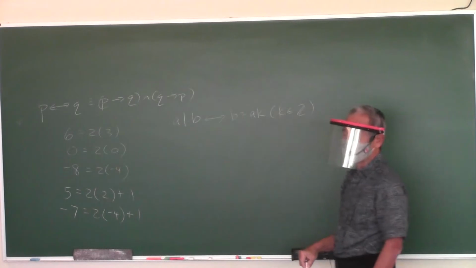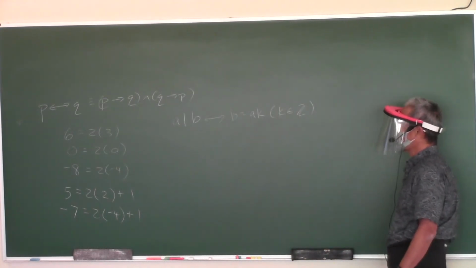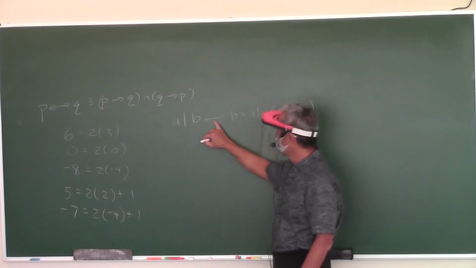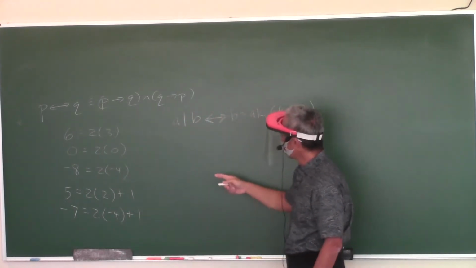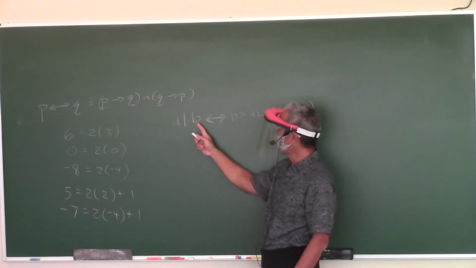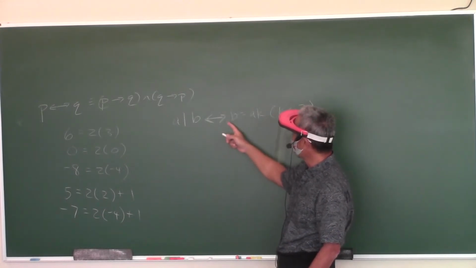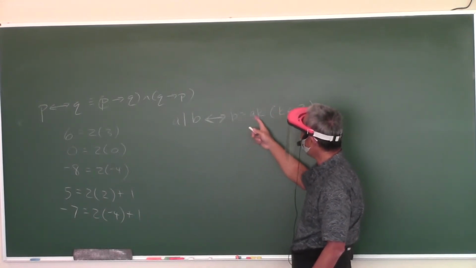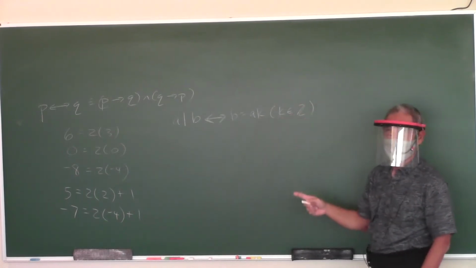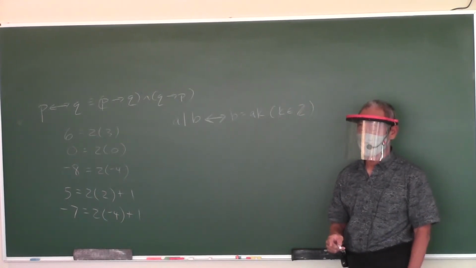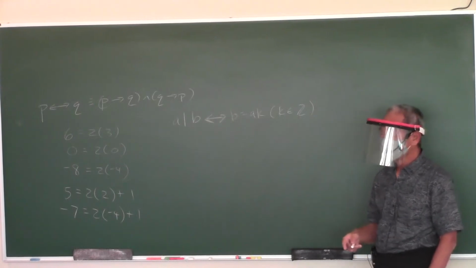That's the way we would symbolize it. You remember all the symbols from logic? So if and only if is the biconditional. A is a factor of B if and only if B is equal to AK for some integer k. See, k is an element of the set of the integers. Remember, capital Z is the integers.